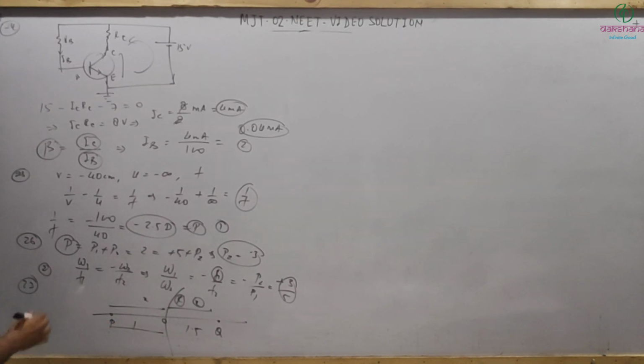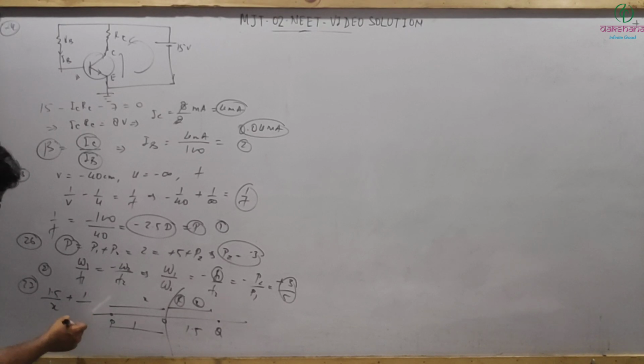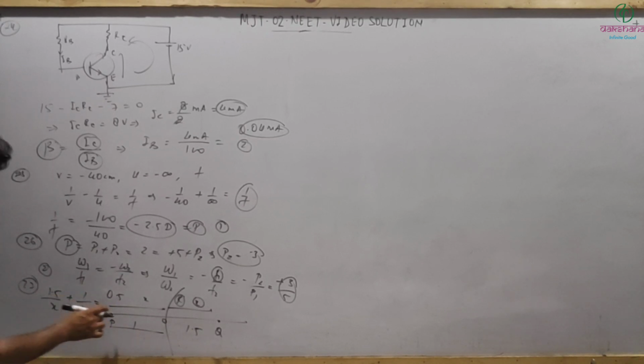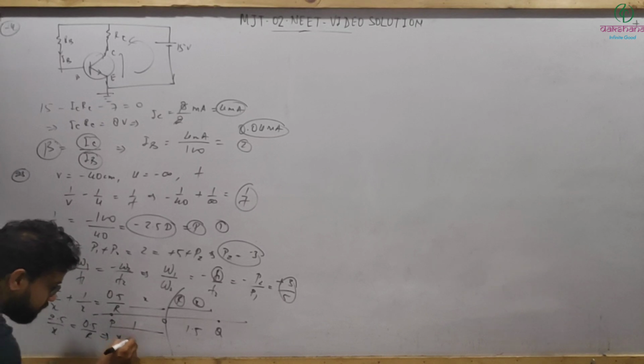So by applying the formula, mu2 is 1.5 divided by V, minus 1 divided by minus X, where V is positive and also equal to X, equals 0.5, that is mu2 minus mu1, divided by plus R. Simplifying, 2.5 by X is equal to 0.5 by R. This implies X is equal to 5R.